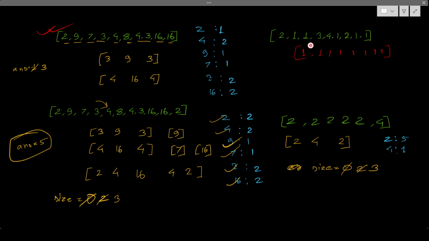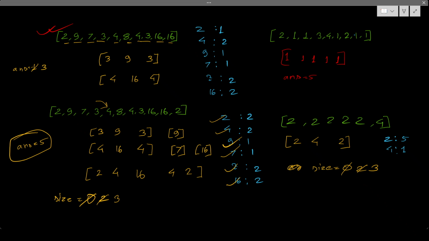Okay, so if 1 is present 5 times, I can make one array of these five 1s, and the answer will be 5. Simple. Because I can take the size of 1s. What if 1 is present 4 times?